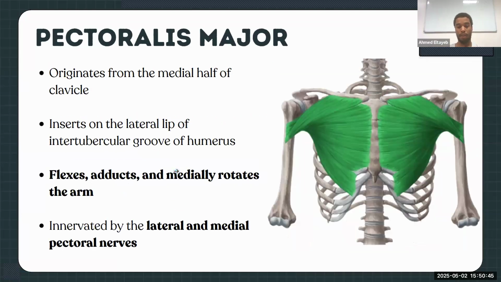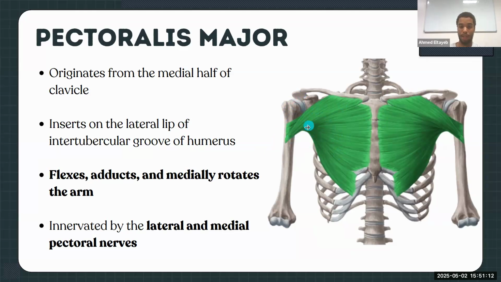Now we have the big muscle, the pectoralis major, a fan-shaped muscle. It originates from the medial half of the clavicle, and it inserts on the lateral lip of the bicipital groove of the humerus. So you can see the different array of fibers of the pectoralis major. When the pectoralis major contracts, you'd expect flexion, adduction and medial rotation of the arm.